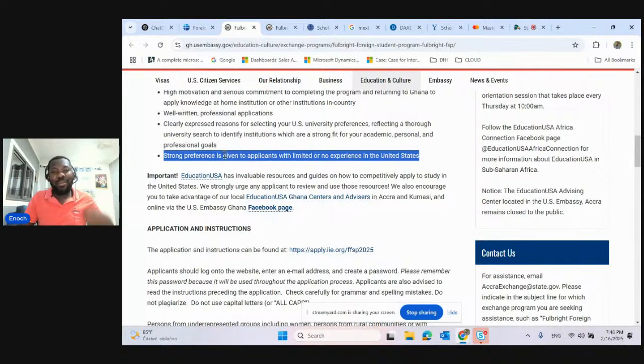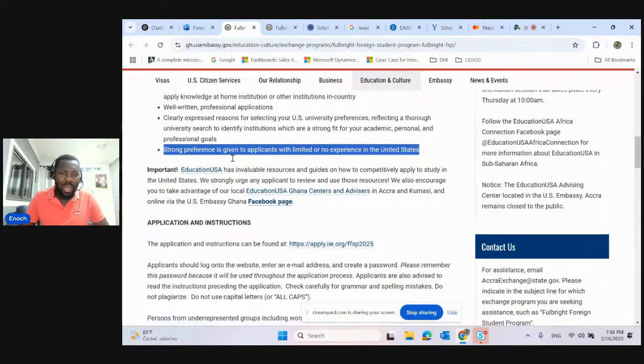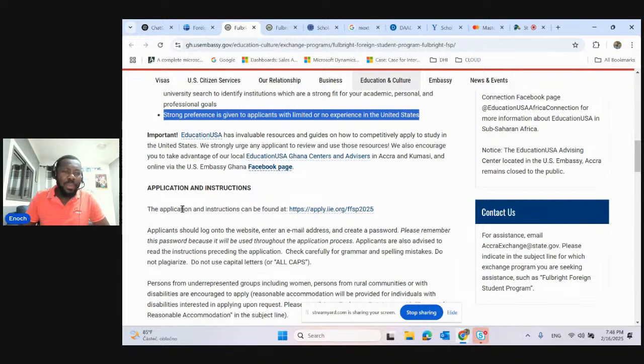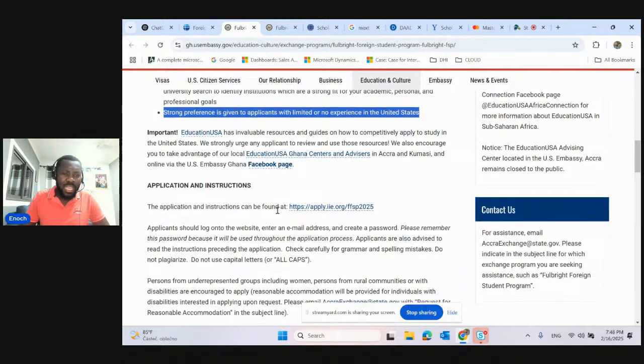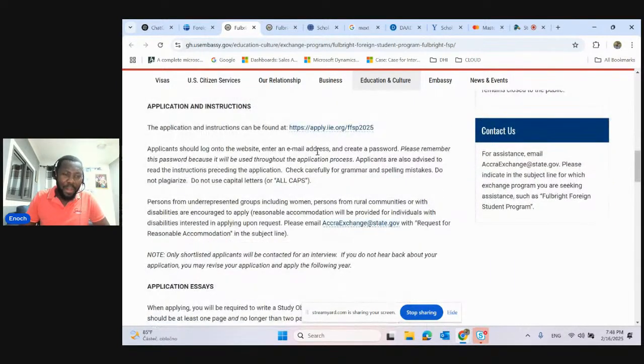So if we are competing and we all have the same credentials, but one has had experience in the United States, and the other has had no experience in the United States, the one who has had no experience stands a higher opportunity to obtain the scholarship over the one who has. It says the application and instructions can be found here.